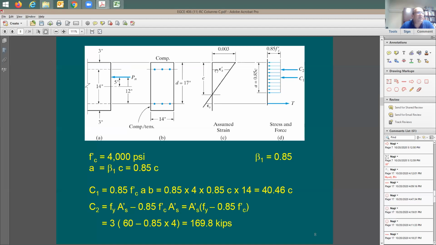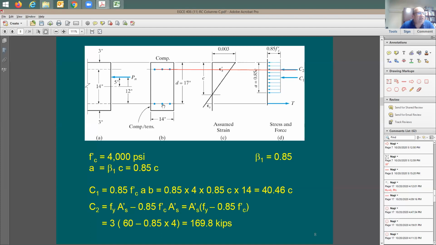I'm expecting the strain here in the compression steel is gonna be beyond the yield point. Therefore, C2, which goes with the compression reinforcing, is gonna be equal to f sub y times As prime. You remember As prime, compression steel is gonna be 3 square inches, and As is gonna be equal to 3 square inches. So I'm expecting this to be yielding, and it's true, it's gonna happen.